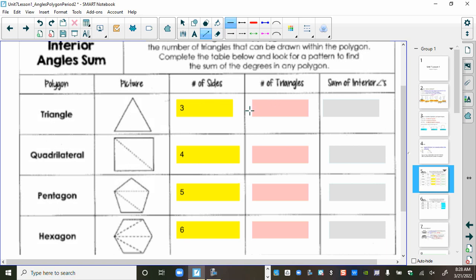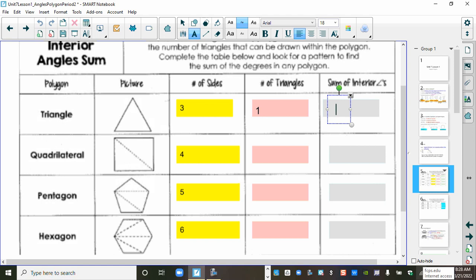Because what's going to happen is after you get the number of triangles, that's going to help you determine some of the interior measures of all the angles within the polygon, the original polygon. All right, so going back to what we said earlier. You said in one triangle, the sum of the angles was how many degrees? Somebody said it. 180.